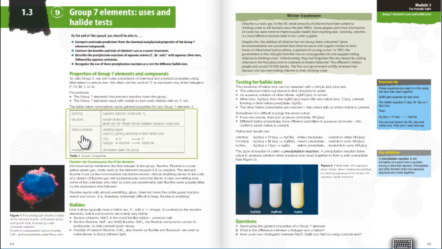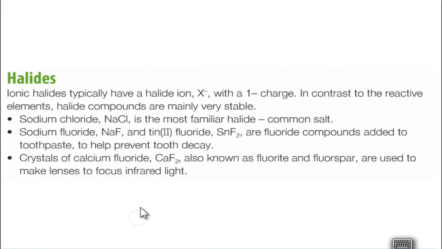With fluorine being the most electronegative, it's only logical to assume that all the others are weaker down the group, because fluorine is the most powerful oxidizing agent in the periodic table. So halides are sodium chloride, which is a common salt, sodium fluoride.